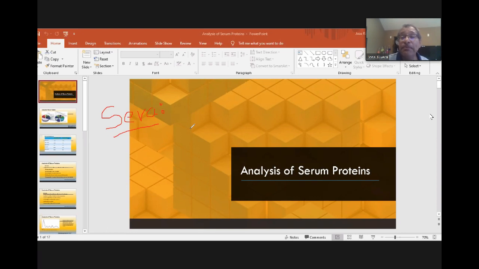So anybody? Proteins. You can see proteins. What kind of proteins? Albumin and globulin. Yeah, albumin. So albumin is a big one.